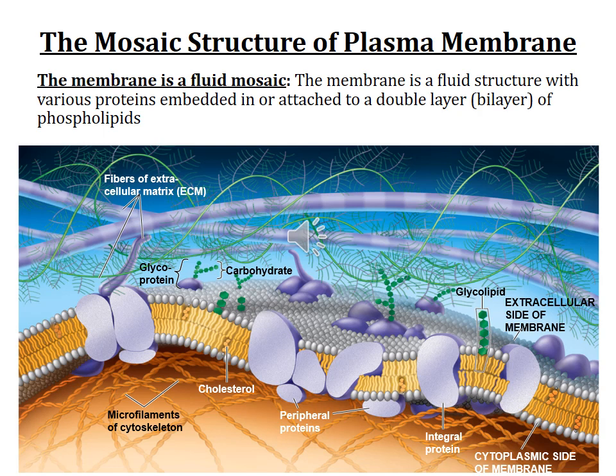It's a mosaic because it's a mix of proteins. As you can see here, we have glycoproteins, where the proteins have a carbohydrate attached. We have peripheral proteins, we have integral proteins, and all of these have different functions. So that is what is meant here by a mosaic.